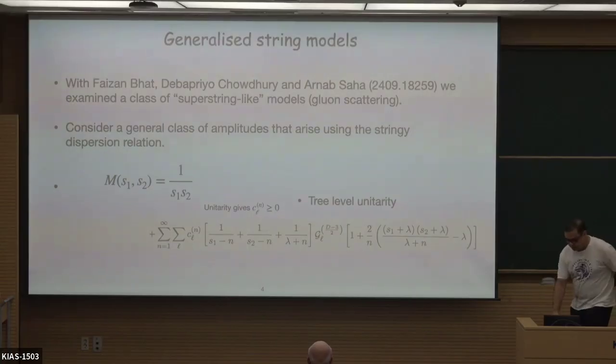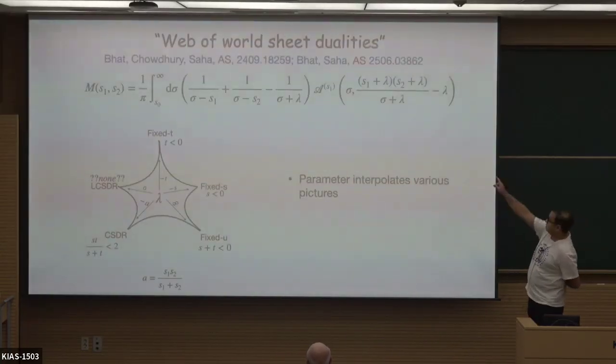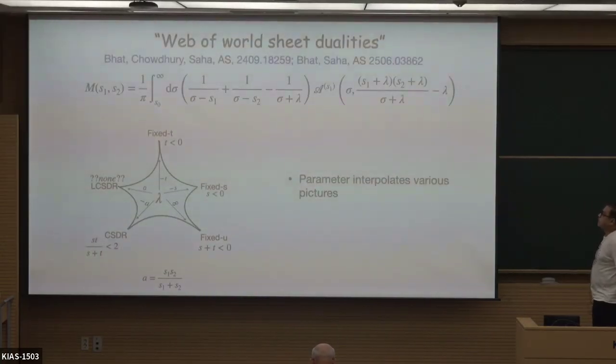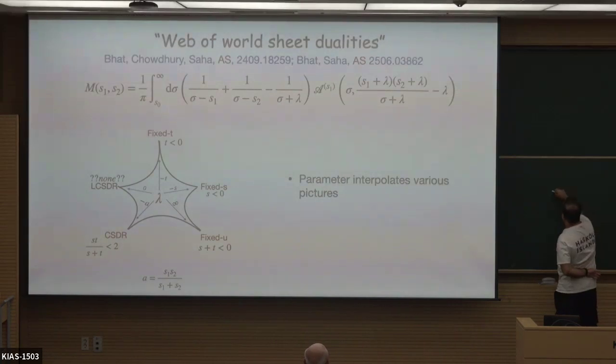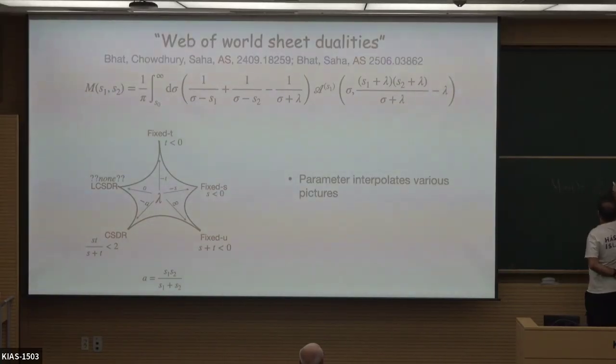So what you do is you start off with this formula and then do a partial wave expansion. I hope that people are familiar with the partial wave expansion. You start off with your amplitude, M of s,t, and then up to some normalization factor, you write this in terms of partial waves.